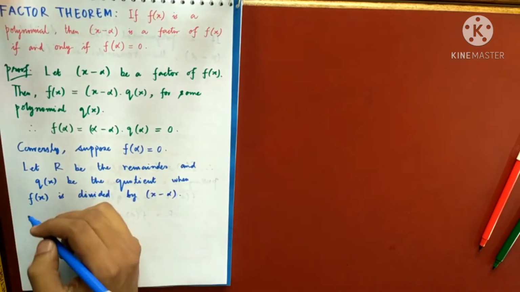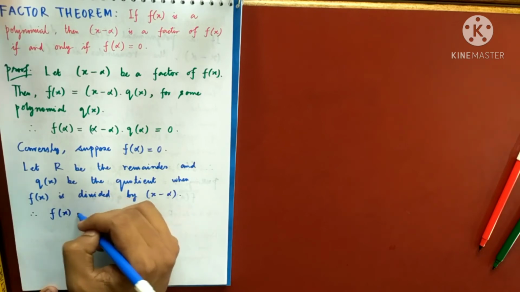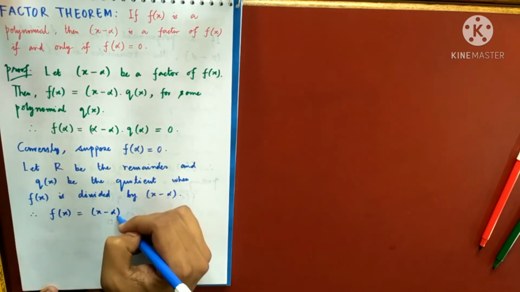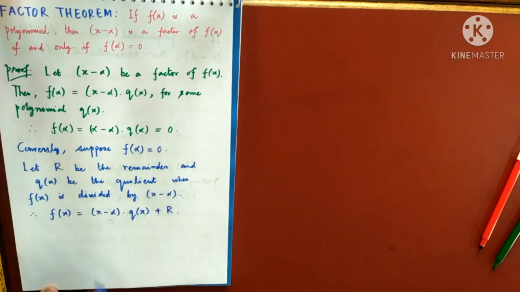Okay, so therefore what can I say? f(x) can be written as x minus alpha times the quotient plus the remainder.